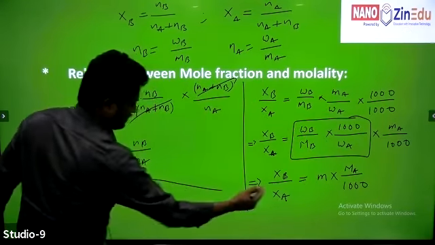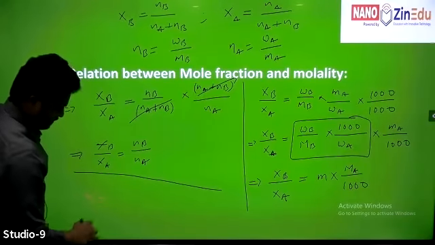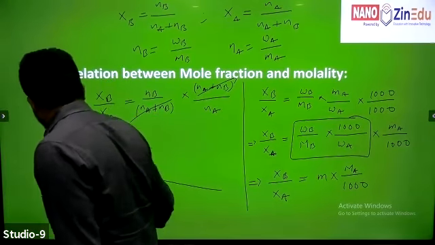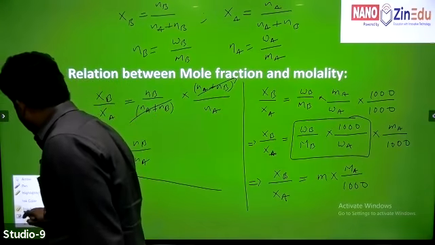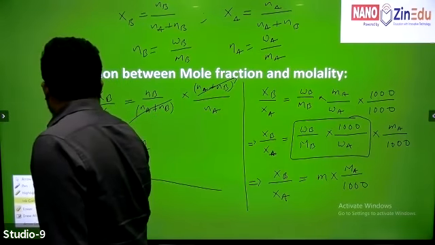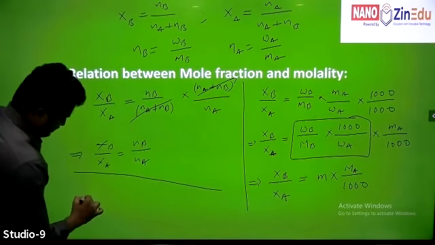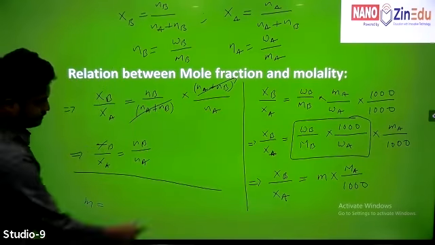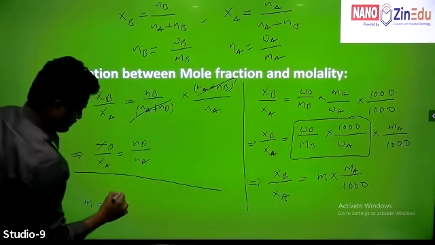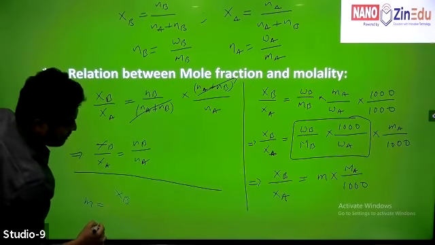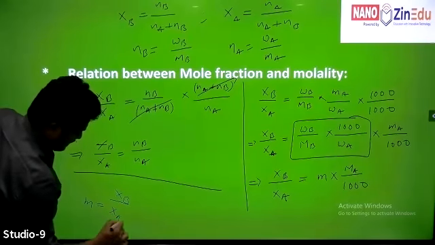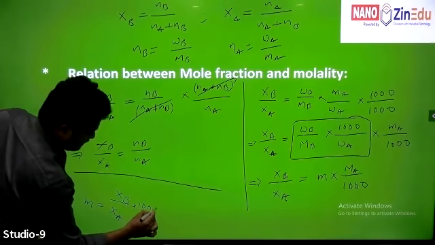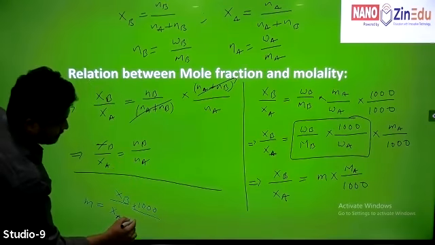See what we get here. Finally, molality is equal to, one second, this color is not visible to you. Molality is equal to, taking 1000 and m to this side, xb by xa into 1000 by Ma.